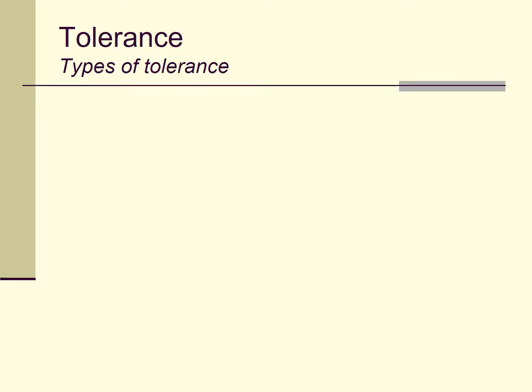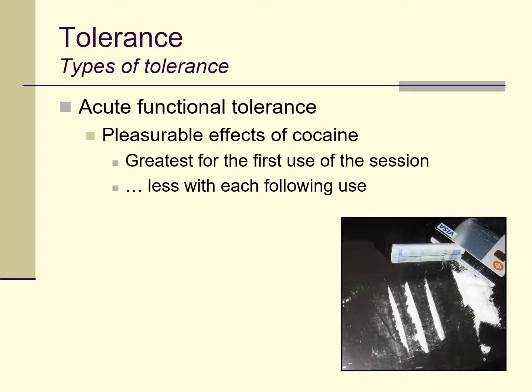Another example of this can be observed when we look at the subjective pleasurable effects of cocaine. So if we look at one session of using cocaine, where someone might use several different doses across a given session, like within a period of half an hour or an hour of an evening when they're using cocaine, typically what happens is cocaine users will report the greatest amount of pleasure associated with that first use of cocaine, that first line or bump that they inhale, and much less with later uses of cocaine.